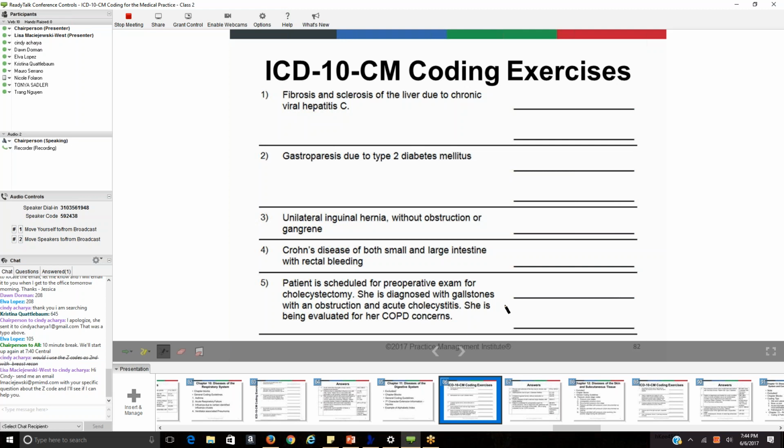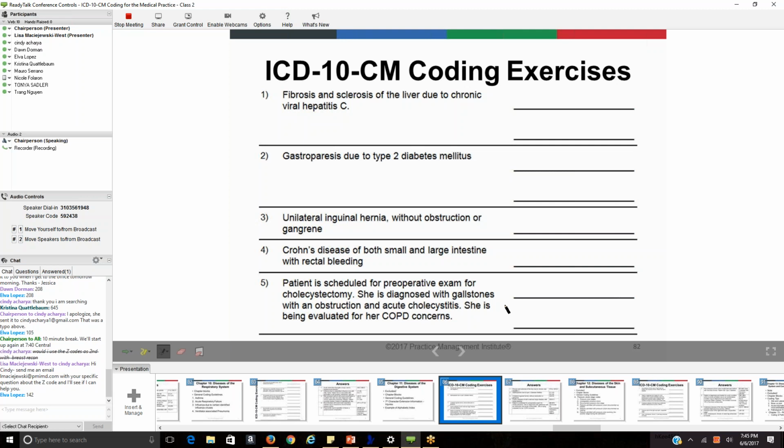So let's see if we can find either fibrosis or sclerosis. I did not see anything under fibrosis.